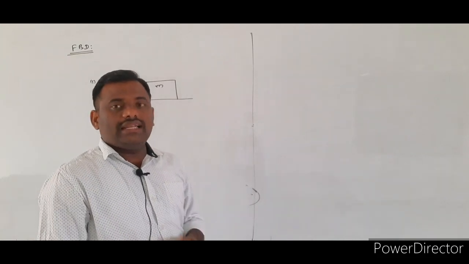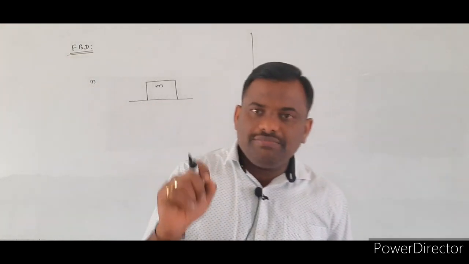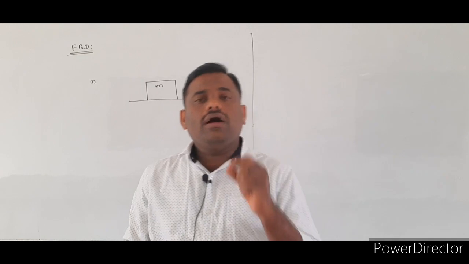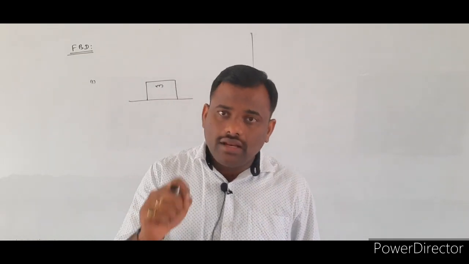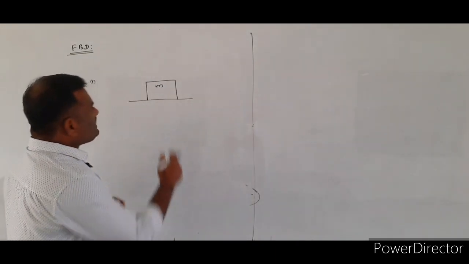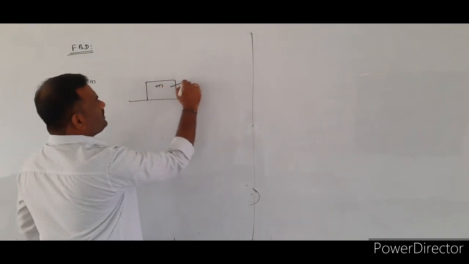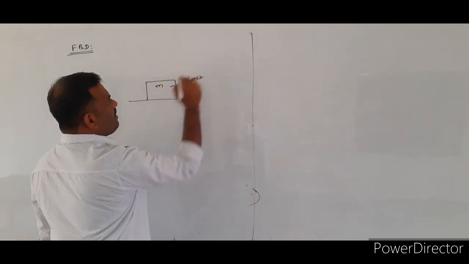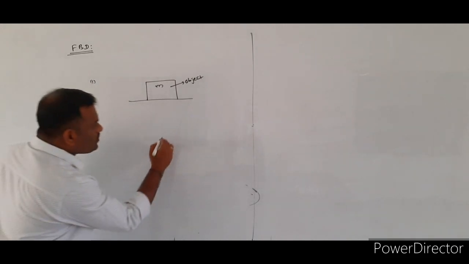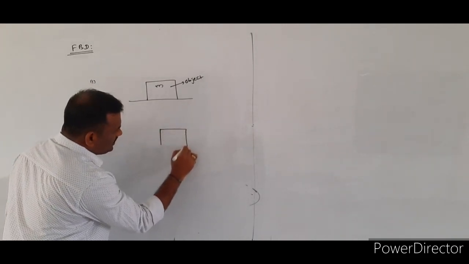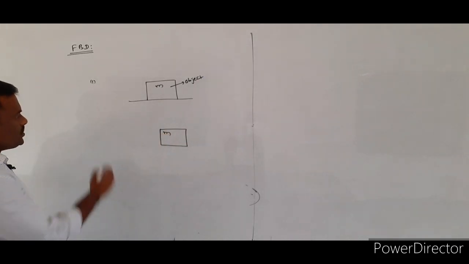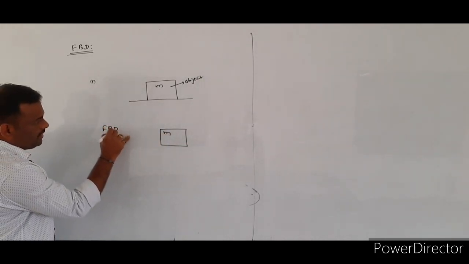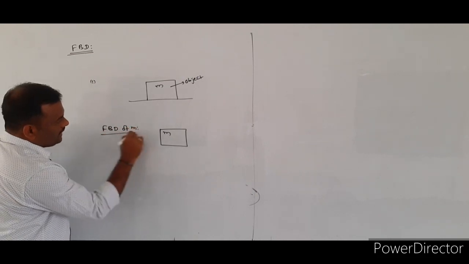As we said in the definition, the FBD represents all the forces acting on the given object. So here we separate the object, which has a mass of small m.